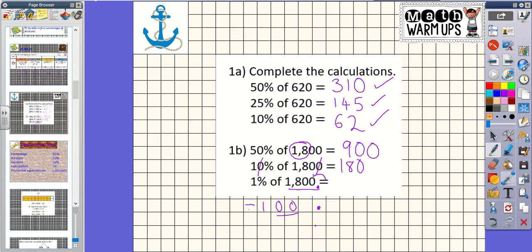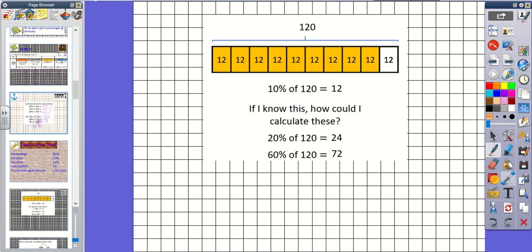I'm going to go 1, 2, 1, 2, 1, 2. So my 8 is going to come before my decimal point, and my 1, 2, and my 1. So my answer is just going to be 18. Okay, 2 zeros, 2 zeros. Excellent. Okay then, so let's move on to today.